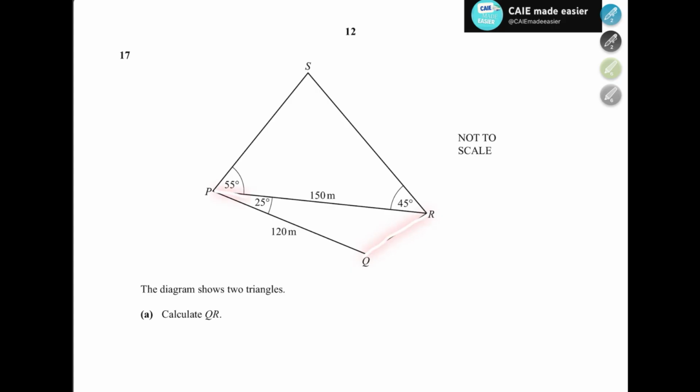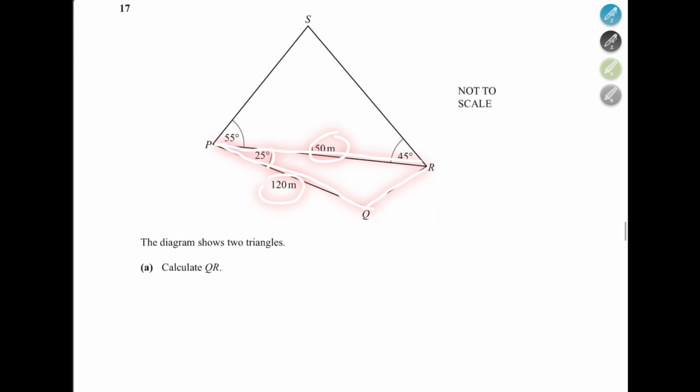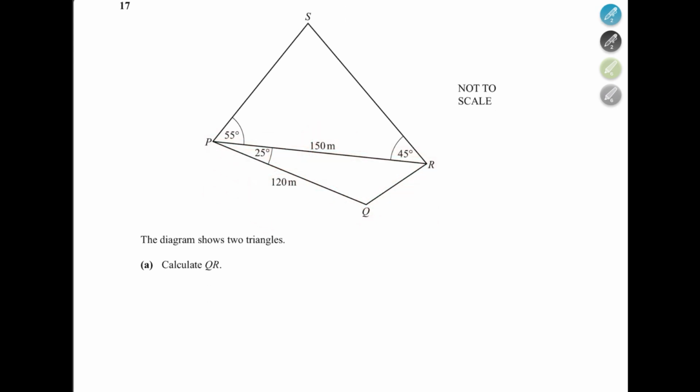Now we have this second triangle. We have 120 meters, we have 150 meters, and we have the angle. So we can use a cosine rule. The formula for cosine rule would be QR equals the square root of a squared plus b squared minus 2ab cosine theta.